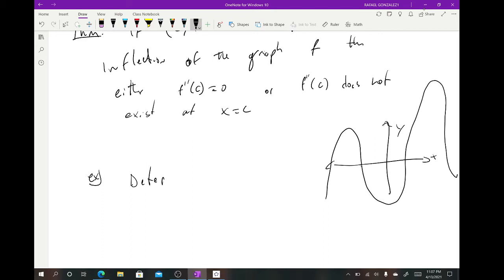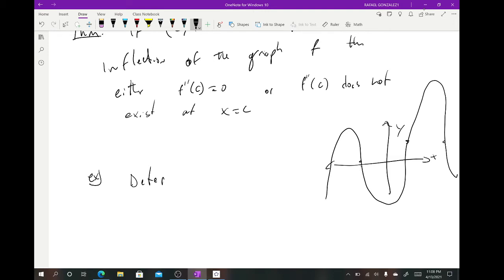So here you have multiple points of inflection, because you're going from concave down to concave up to concave down again, maybe to concave up again. So you definitely can have more than one point of inflection.